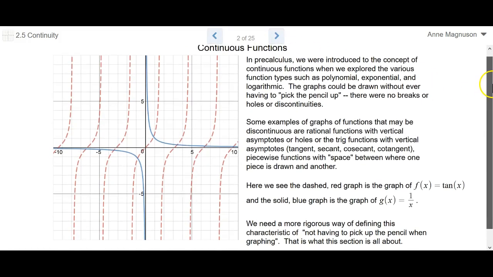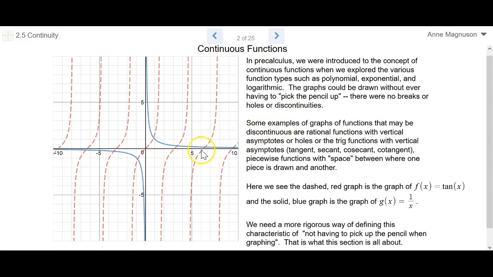So you'll recall from pre-calculus when you just looked at different types of functions, such as rational functions or certain trig functions, that graphs were not continuous. You talked about continuity in the sense of graphs, and it was kind of defined as, well, if you have to pick the pencil up off the paper when you're graphing, it's not continuous.